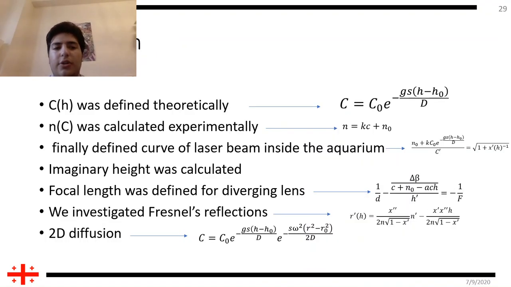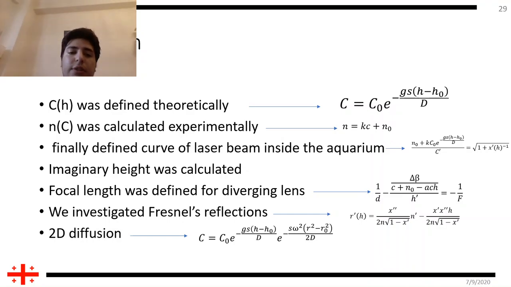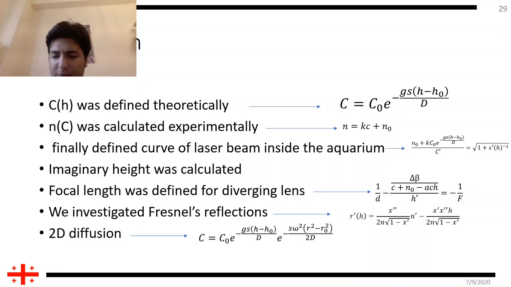And finally, I want to conclude everything. We calculated at first the concentration dependence on height, then we connected the refraction index and the concentration, finally defined the curve of the laser beam, and solved it in Wolfram Mathematica. After it, we calculated the imaginary position and what it depended on, then the focal length, after we proved that these two beams would never meet each other, and then we also investigated Fresnel's reflections and two-dimensional diffusion, just theoretically.